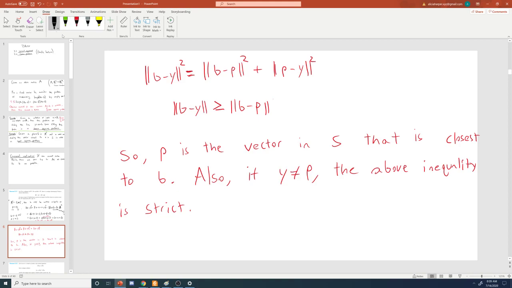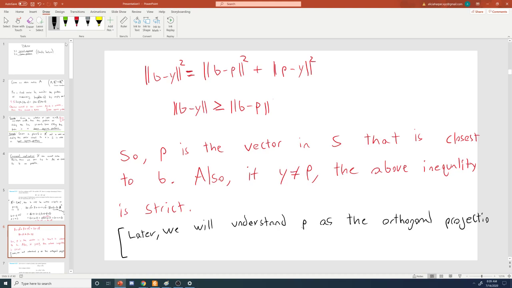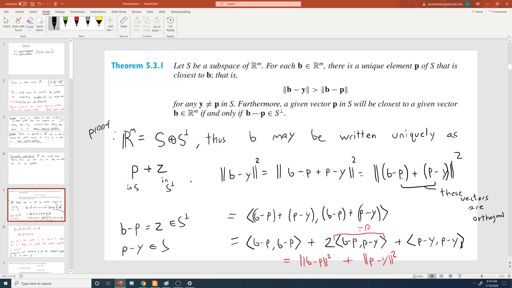So later, and this is going to be in just a little bit today, we will understand P as the orthogonal projection of B onto S. So this shows a couple things, if we think about it.